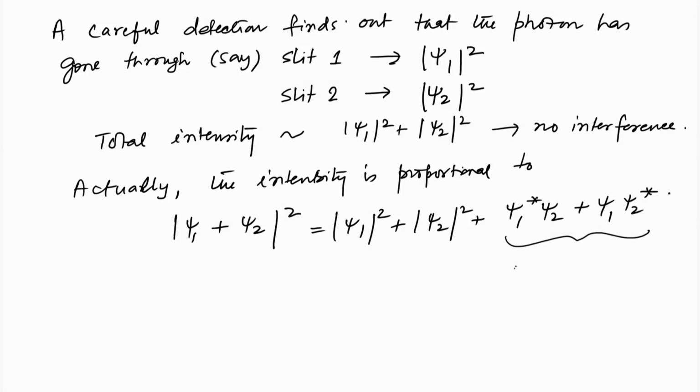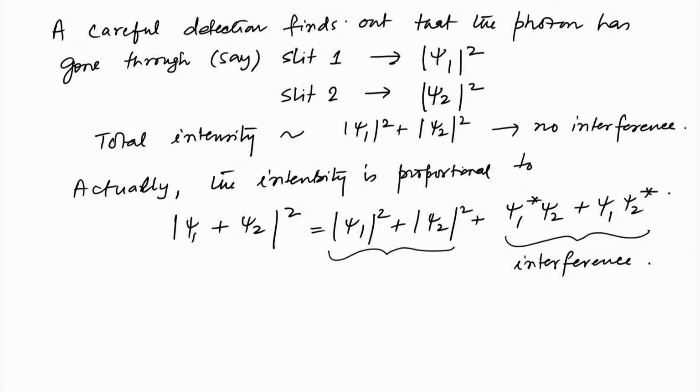These are the interfering terms which give rise to the interference pattern. So, this interference is very crucial, and for that interference to happen, the photon has to indeterministically pass through both the slits. That is, you cannot determine which slit it has gone through, and the wave functions by themselves will interfere and give rise to an interference pattern.